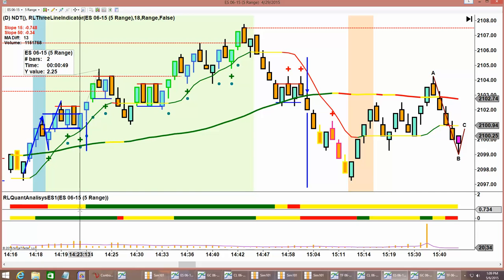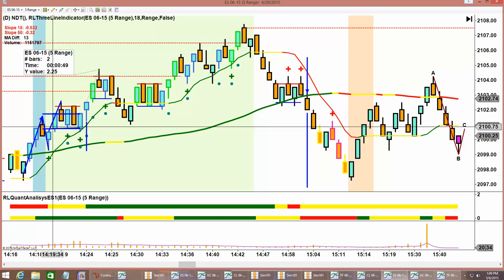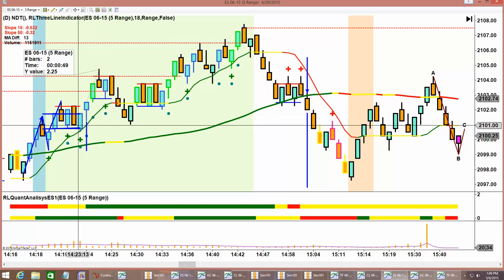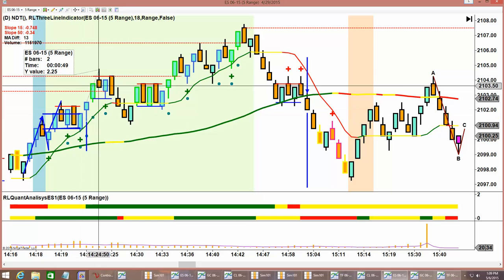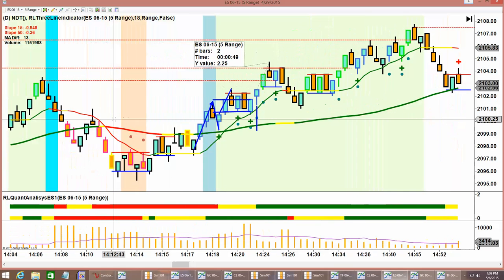The correlative markets here haven't come into alignment. They're not moving against the trade. They're just not moving in favor of it. But your bottom quant line is. Given the fact that you've got this long period of consolidation, you have order flow and momentum. See, the candle is outlined in blue. You have a nice move to the upside.